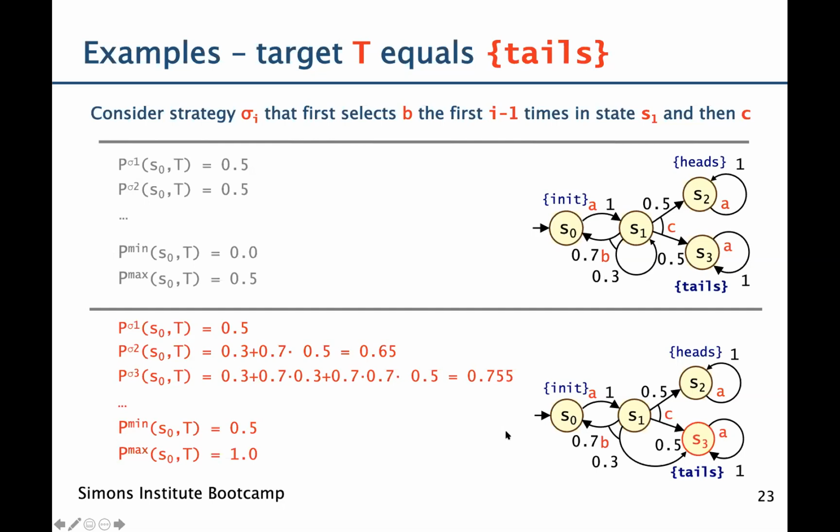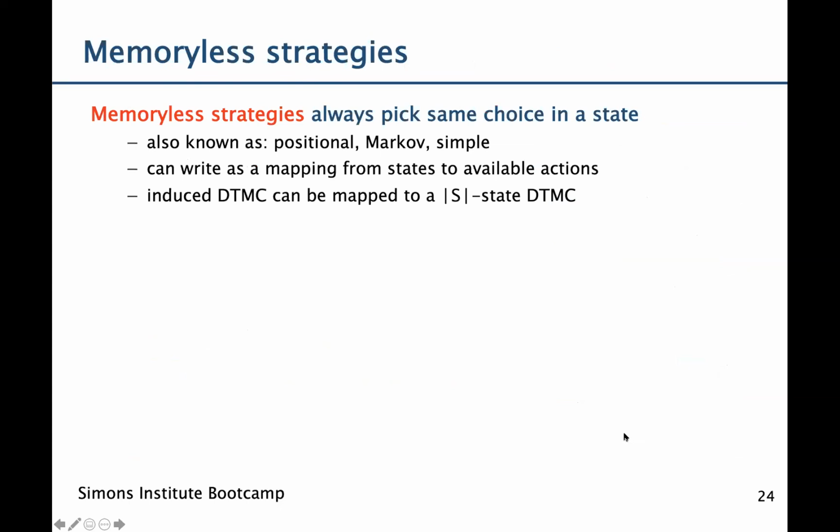So here the minimum is now 0.5 as opposed to 0, and here we just choose C the first time. The maximum is 1, and here, if we always choose B, then eventually we will take this branch and end up in S3, because the probability of always taking the loop branch will be 0. Okay, so that's an example.